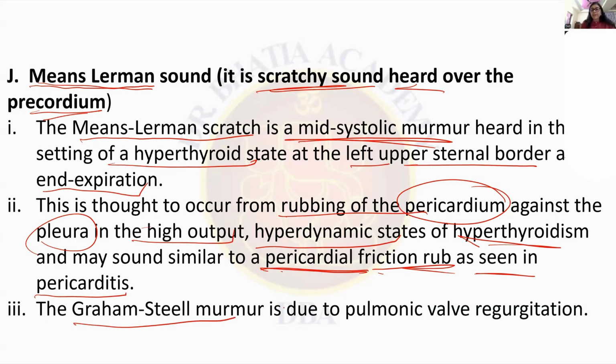Then there is Graham-Steell murmur, which is due to PR, pulmonary regurgitation. So these are some of the cardiovascular system examinations. We will revise all of these features with you in our cardiology classes. That what are the murmurs of PR, what is a Graham-Steell murmur, what is a Means-Lerman scratch, and what are the features of pericardium or pericarditis. But as of now, these are features of Graves' disease.